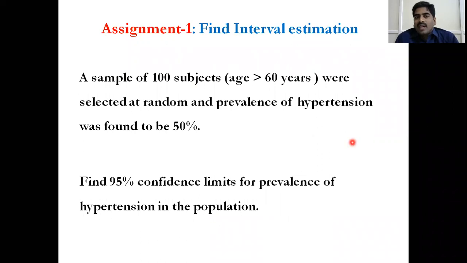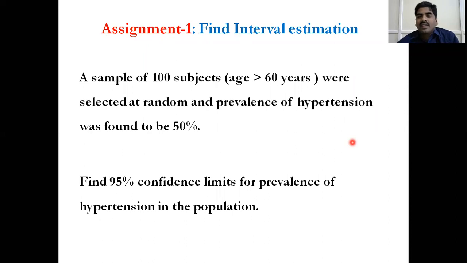A sample of 100 subjects aged greater than 60 years were selected at random, and the prevalence of hypertension was found to be 50%. Here P is equal to 50%. Find the 95% confidence level for prevalence of hypertension in the population.